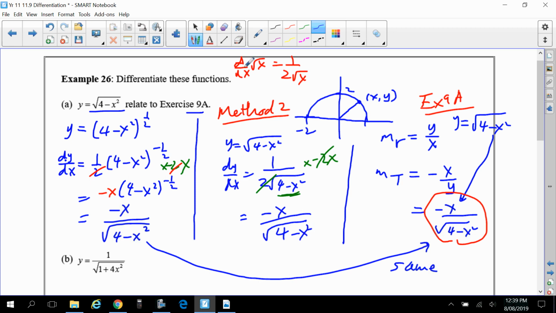So it's good to know a formula for the derivative of square root without going through all the index law, just to save you time, right? Cool. Hopefully that's okay. And then try the next one. So you see that actually verified that the formula is correct, what we did in exercise 9a, right? Perpendicular to the tangent. Okay.